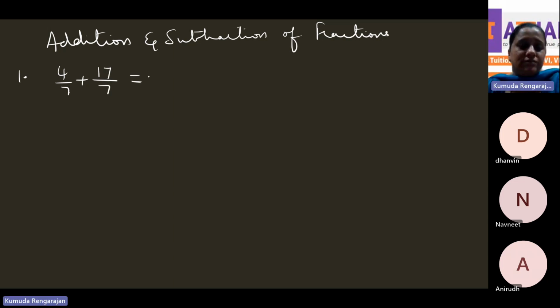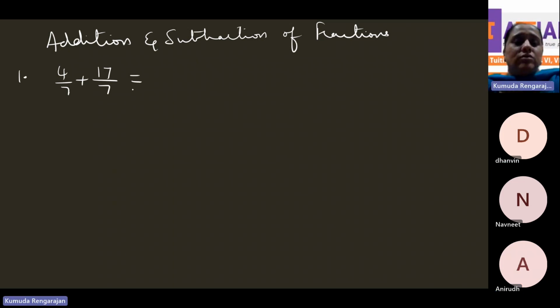How do we add this, children? Ma'am, like normal numbers, but we should put 7 down. Ma'am, add the numerator, ma'am. 18 and 22 by 7, ma'am. Add the numerator itself.